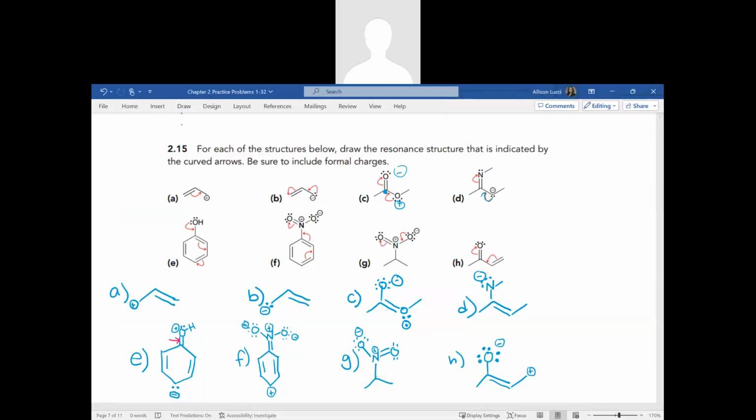Our second arrow shows that a new double bond has been formed here with movement of the pi electrons from this region here. And then what was a pi bond here has become a lone pair down here on this carbon. So we see a -1 formal charge on the bottom of the molecule, and then we have a +1 formal charge on the top.